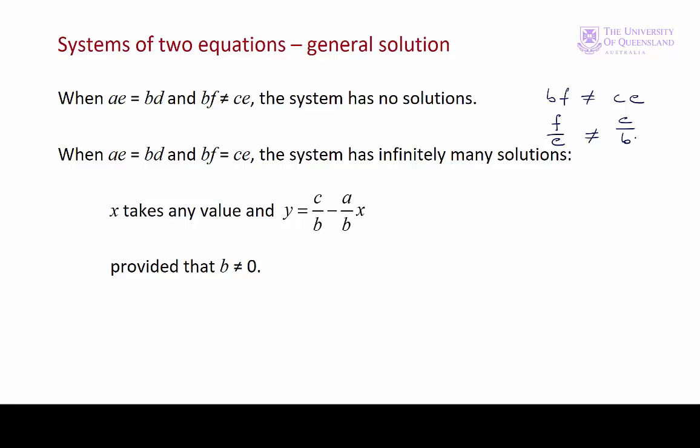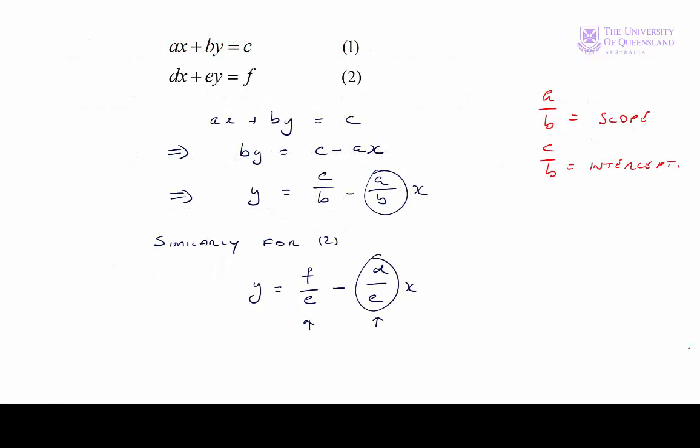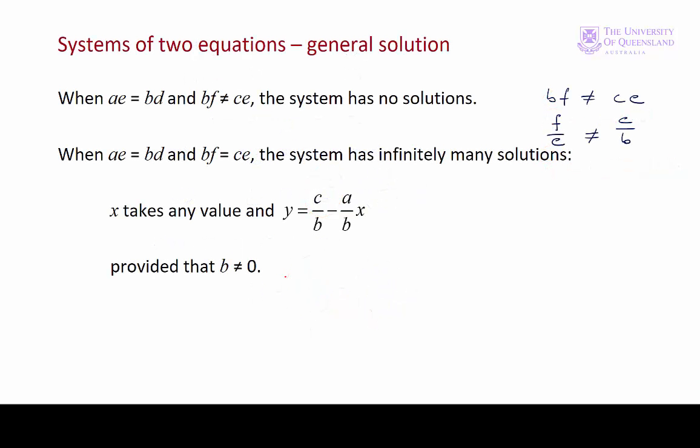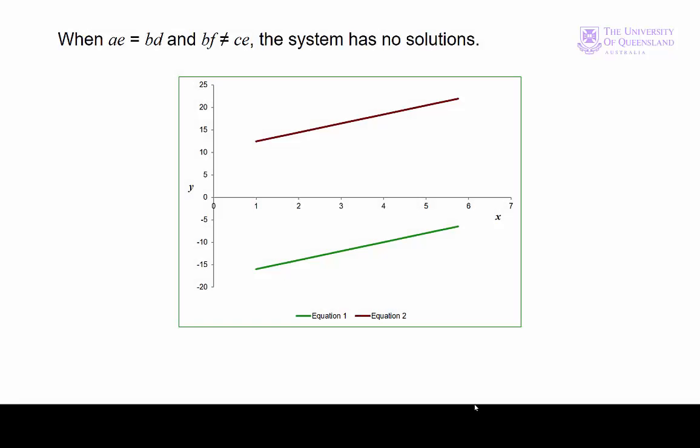Going back to our rearranged equations, we see that c divided by b is the intercept of equation 1, and f divided by e is the intercept of equation 2. So the intercepts of our two lines are not equal. We can see an example of this. Here we have two lines. They're parallel, so they have an equal slope, but their intercepts are different. There's no solution because they don't intersect.